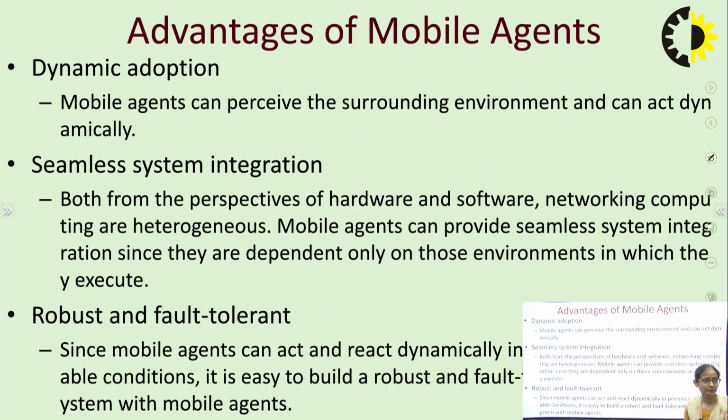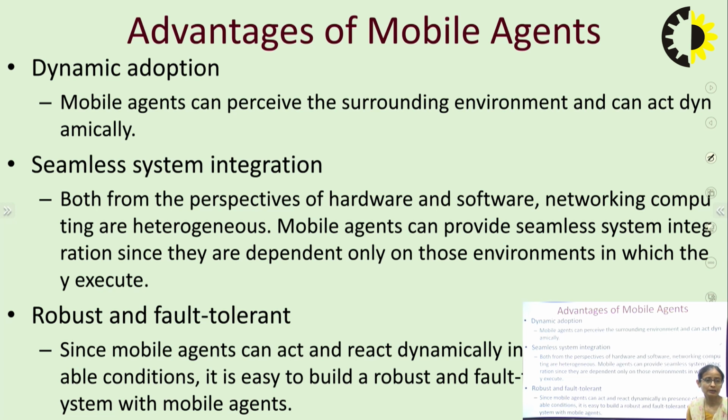Dynamic adoption: mobile agents can perceive the surrounding environment, and according to the environment, they can act dynamically. Seamless system integration, both from the perspectives of hardware and software. Networking and computing are heterogeneous.